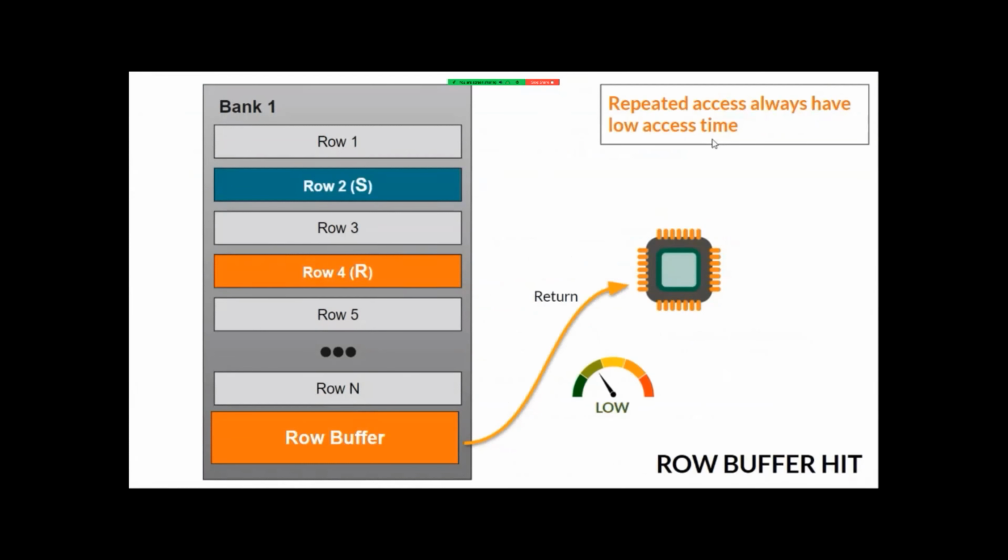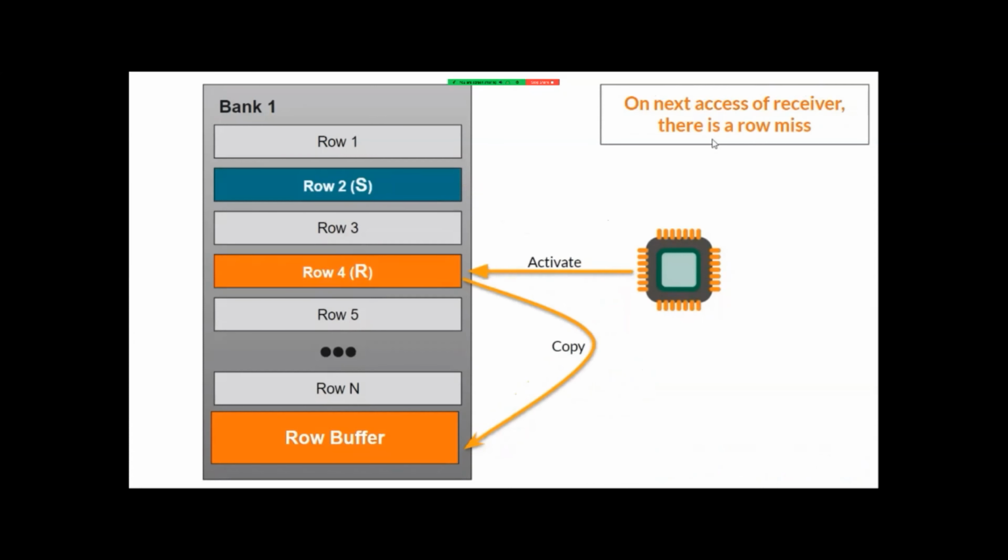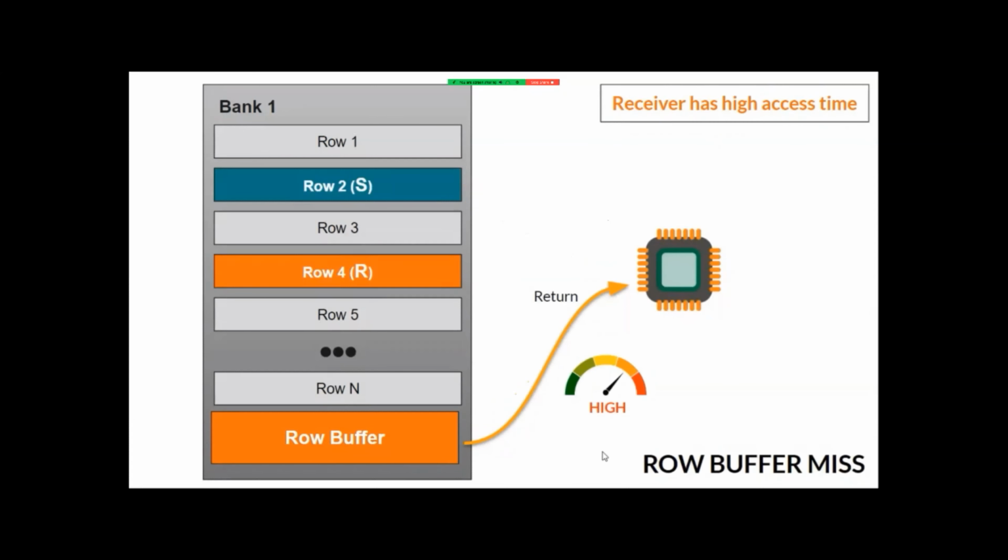By repeatedly accessing the same row, the receiver gets row buffer hit, hence low access time. If the sender accesses its row, it leads to a row buffer conflict for the receiver and high access time to it. By using this mechanism of low and high access time, the sender can send 0 and 1 bit respectively.